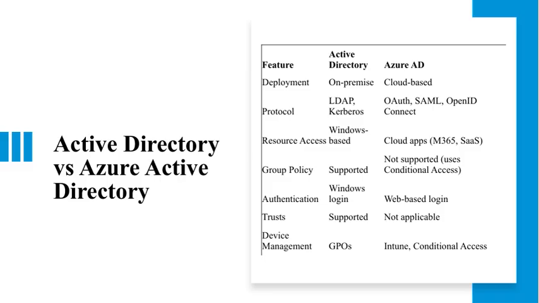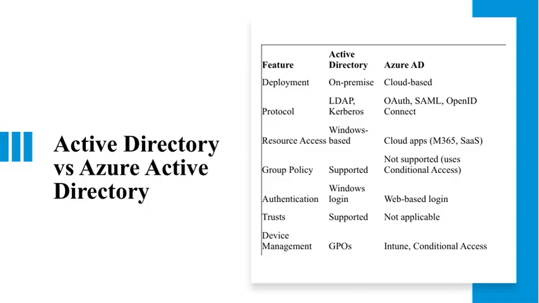When it comes to protocols, Active Directory primarily uses LDAP and Kerberos for authentication and resource access, which are well-established standards for Windows environments. Azure AD, however, relies on modern protocols like OAuth, SAML, and OpenID Connect, making it more suitable for cloud applications and web-based services.